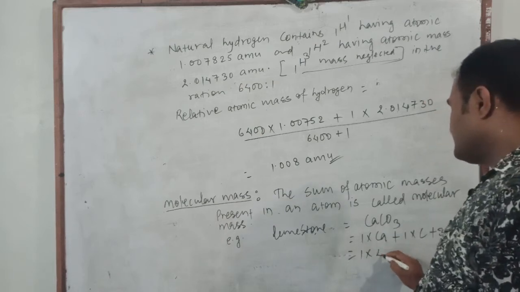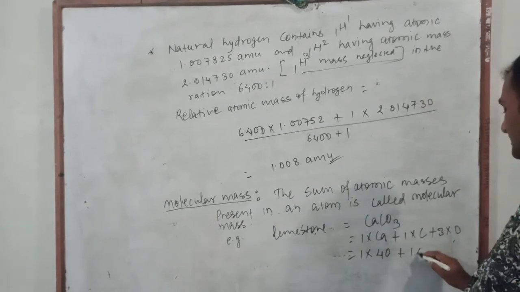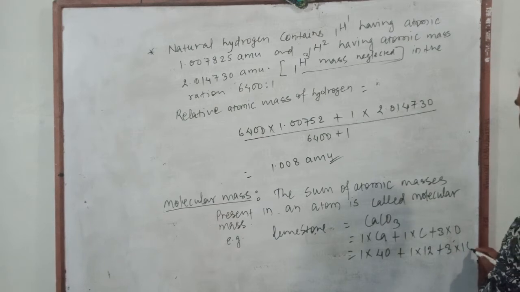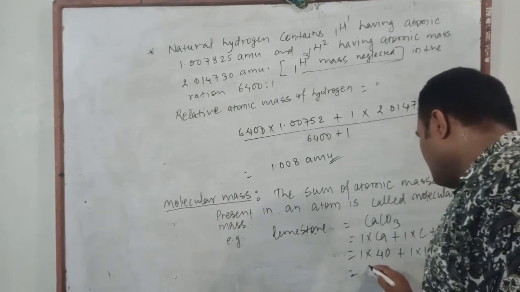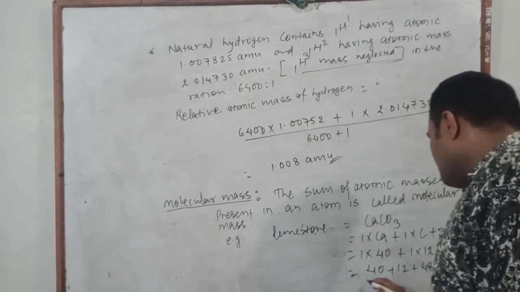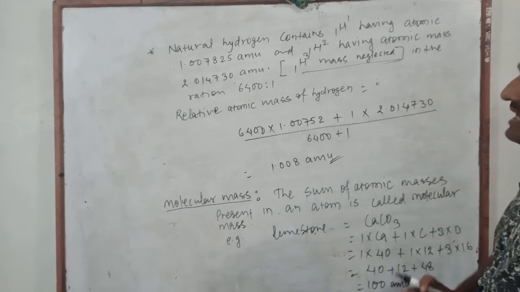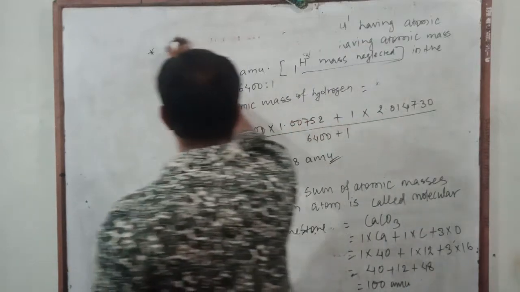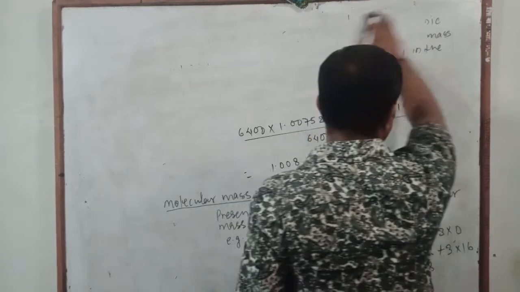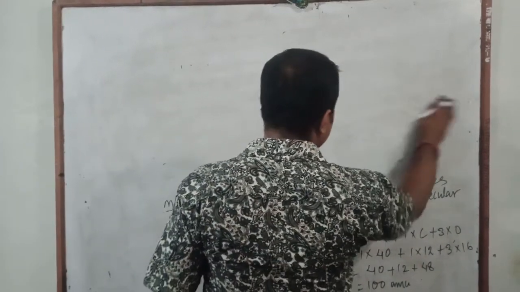The atomic mass of calcium is 40, carbon is 12, and oxygen is 16, so 3 into 16 is 48. When we solve, we get 40 plus 12 plus 48 equals 100 AMU, the molecular mass of limestone. In this way, the sum of atomic masses present in a molecule of the compound is called molecular mass.